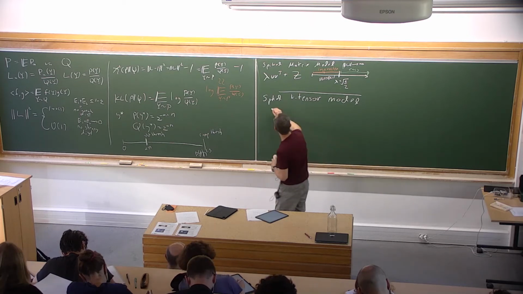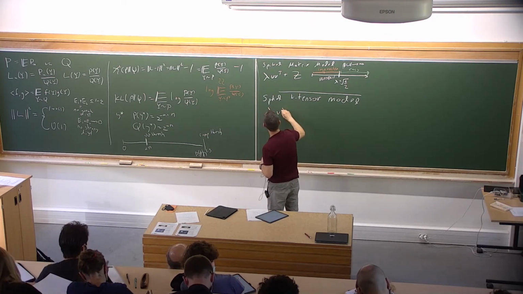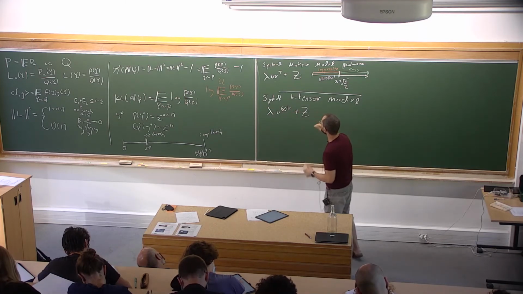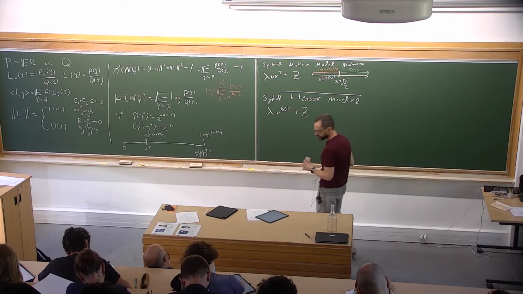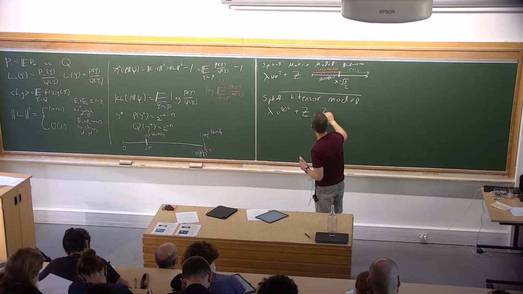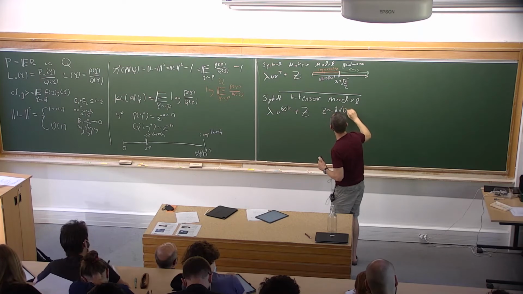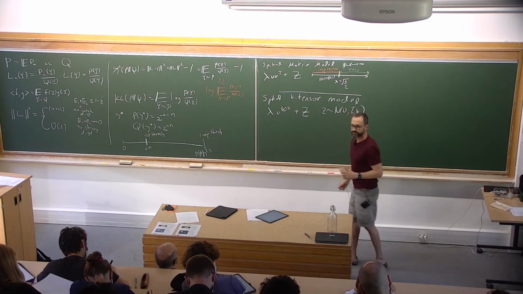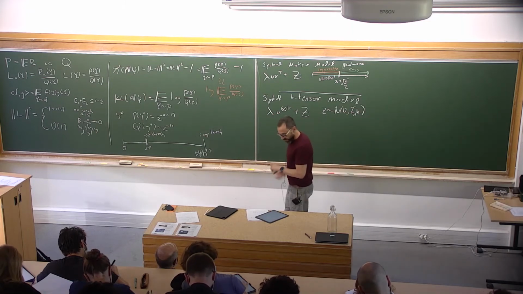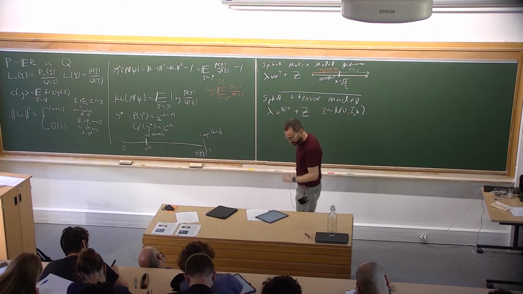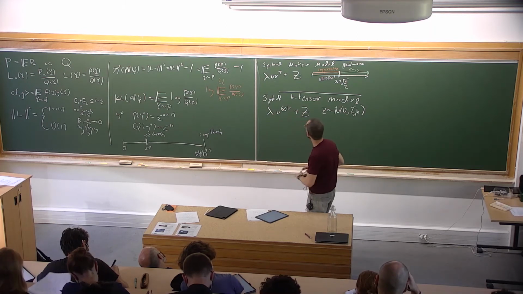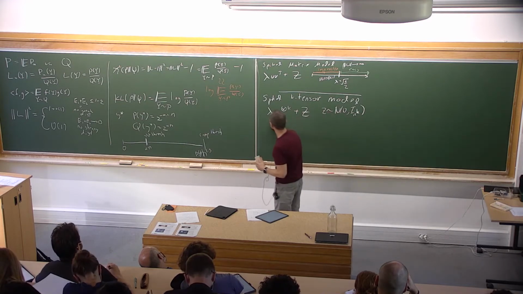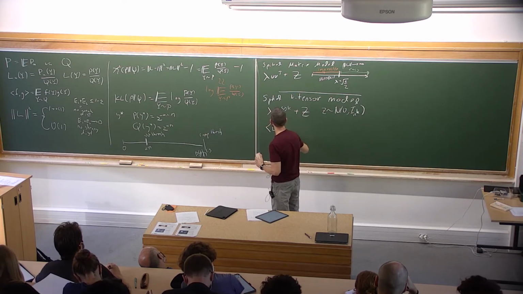So just look at lambda V tensor K plus Z. This time, again, V is a random unit vector, and Z is now a normal tensor of size n to the K. So now we can do the same calculation as we did before.